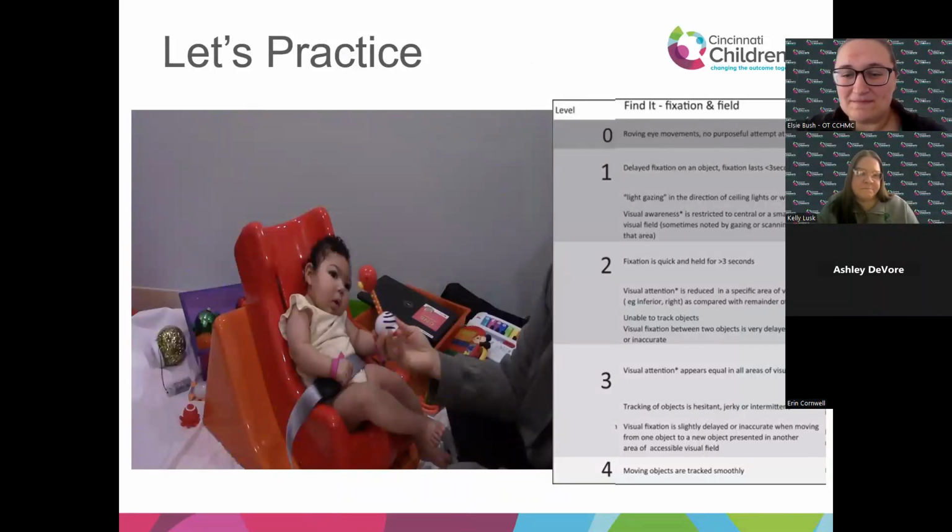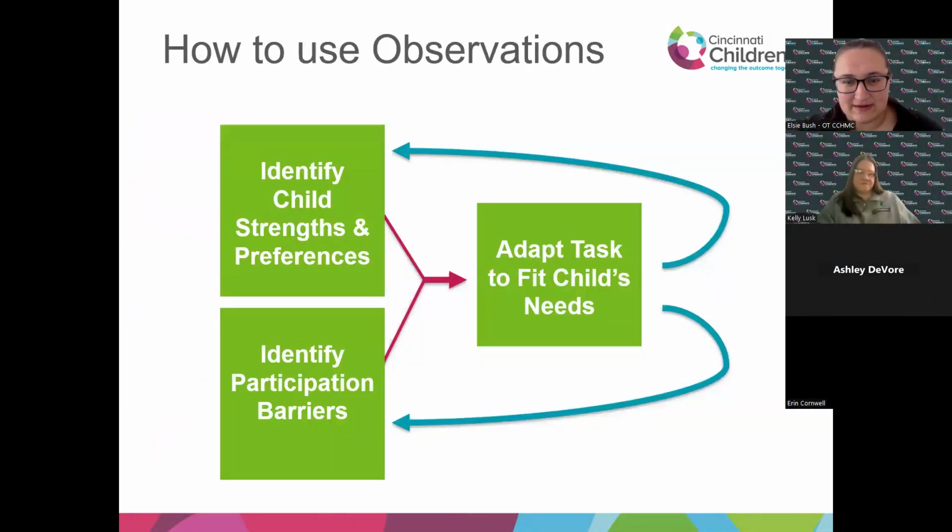So, okay, I was going to have us do another one, but here, like I was saying at the beginning of this portion, for functional vision evaluations from a clinical perspective, I really do think the big thing is watching and observing for these specific visual characteristics. And as we're doing that, we want to identify what are that child's strengths and preferences with using their vision and identify those barriers.